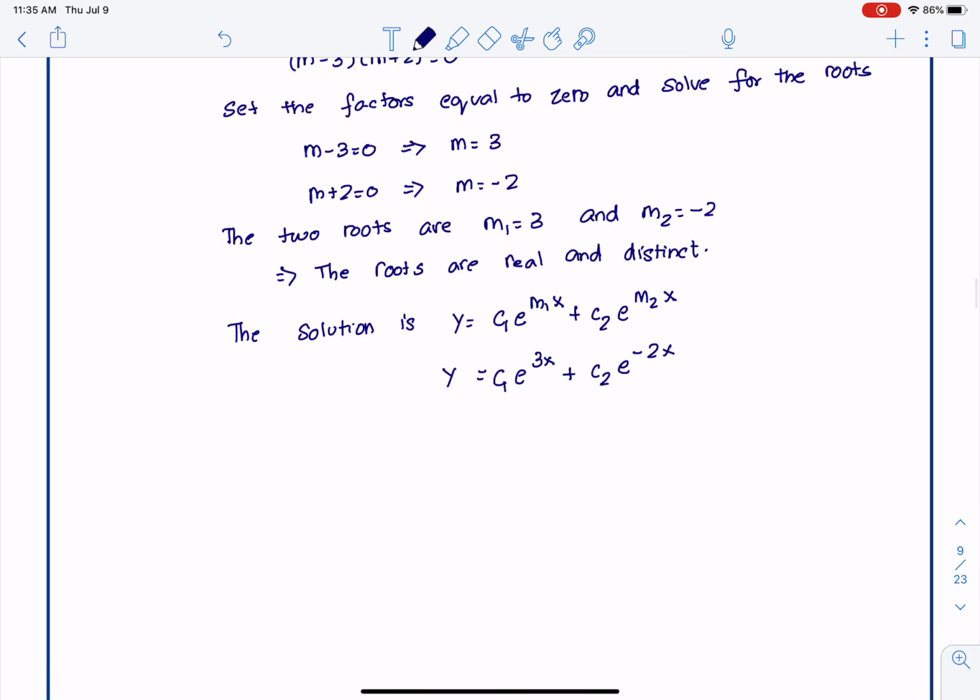And I want you to try plugging in the solution to check if the equation is satisfied. And it will be satisfied because we have the correct solution.